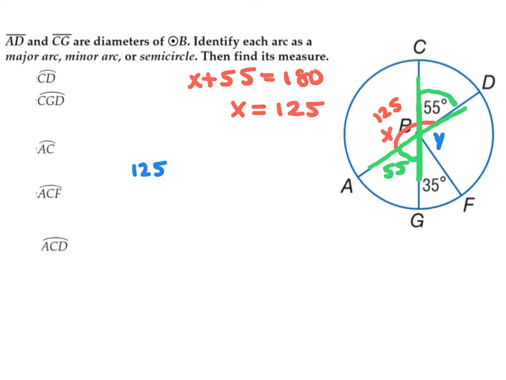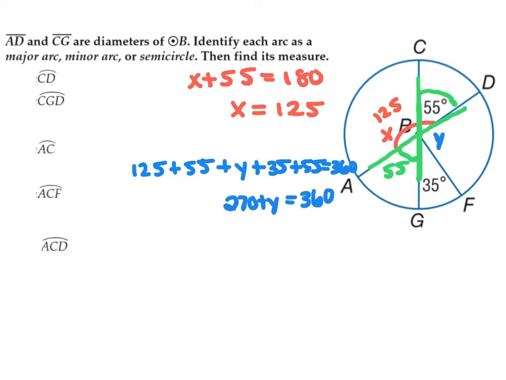So you could say that 125 plus 55 plus y plus 35 plus 55 should equal 360. And if I solved, we can combine our like terms. So you'd have 270 plus y equals 360, and then if we solve, you'd end up getting that y equals 90.